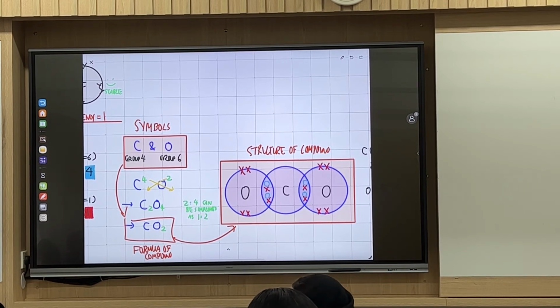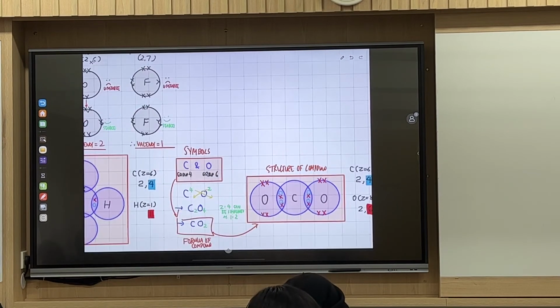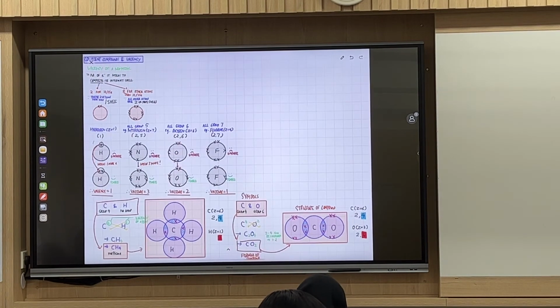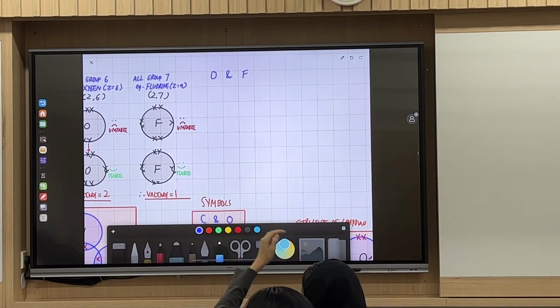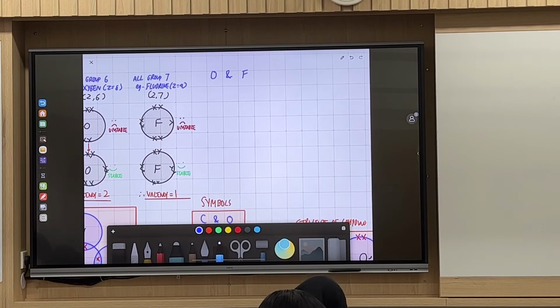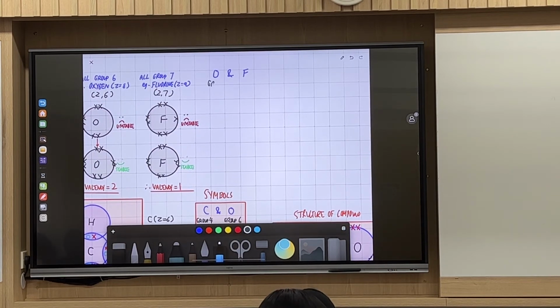OF2. O and F. So O is from group 6 and F is from group 7.